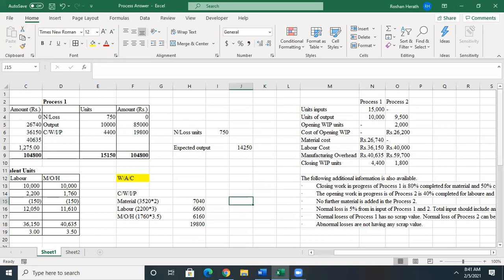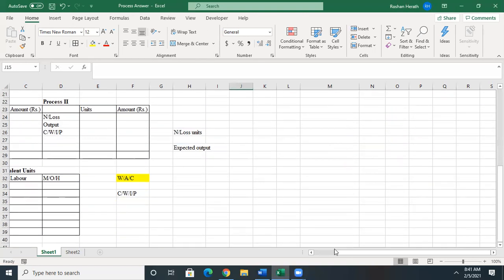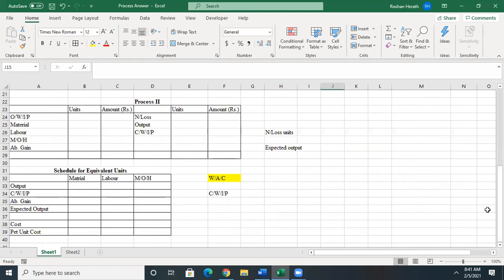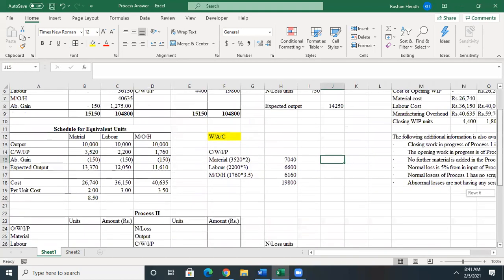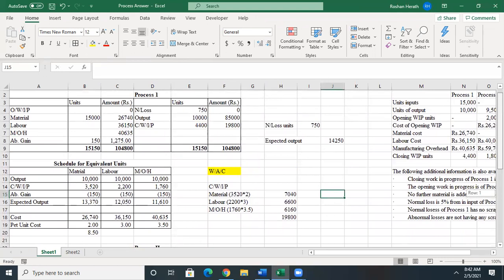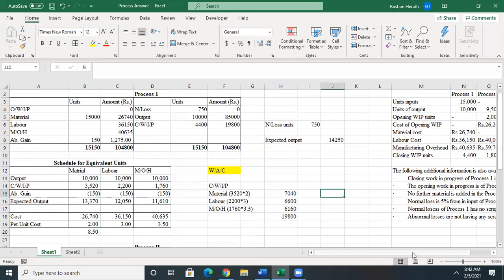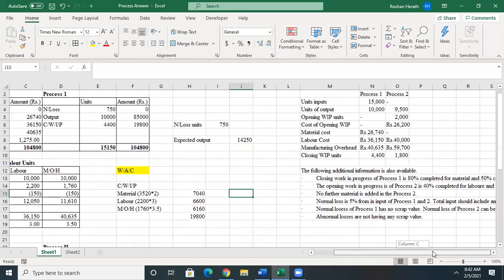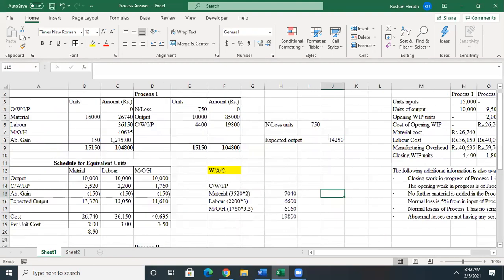Right. So as usual, we get the information filled depending on the information given. There you can see that opening WIP is there. Units 2,000, cost 26,200.